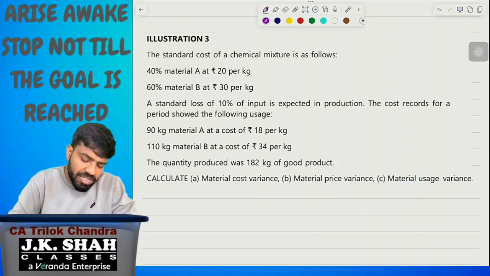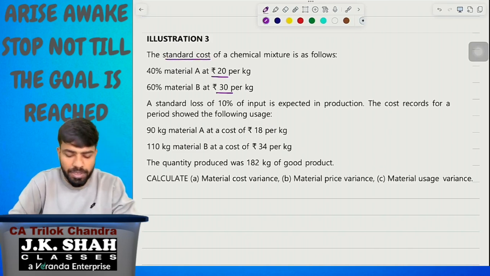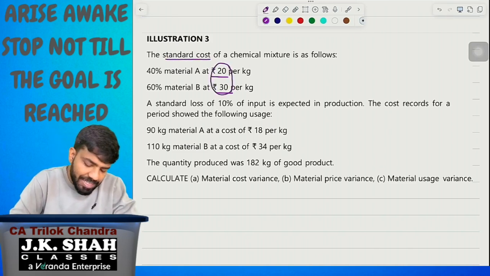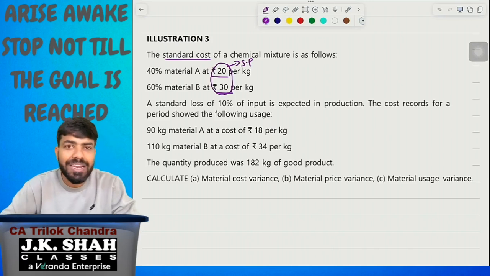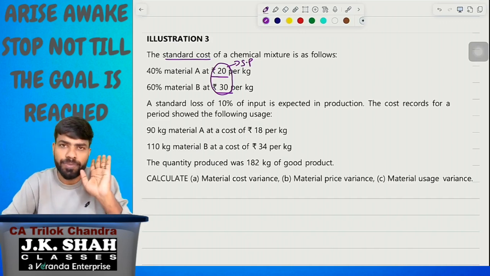The standard cost of a chemical mixture is as follows: 40% material A at 20 rupees per kg, 60% material B at 30 rupees per kg. This is the standard cost information. They have given the standard prices. There are two types of material, so it's a multi-material variance. We need to calculate mix variance also.